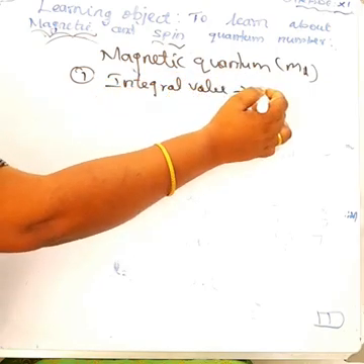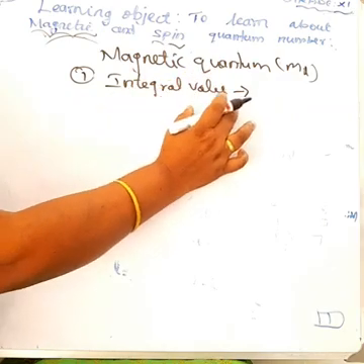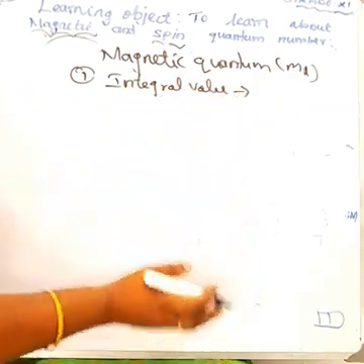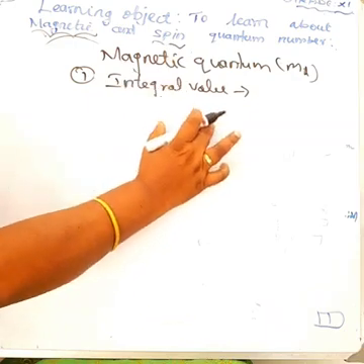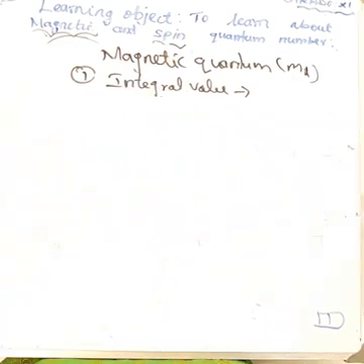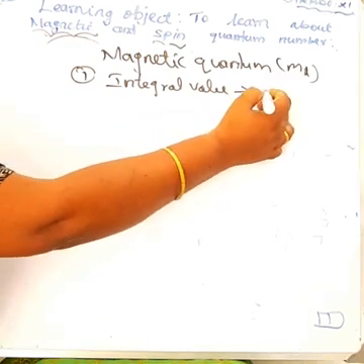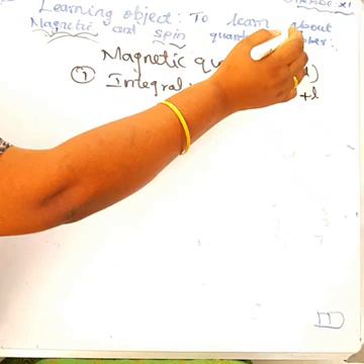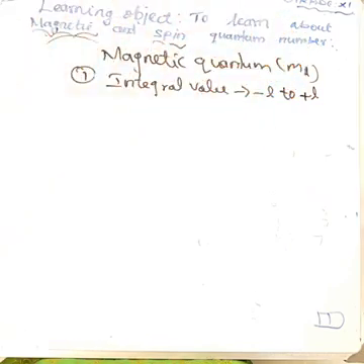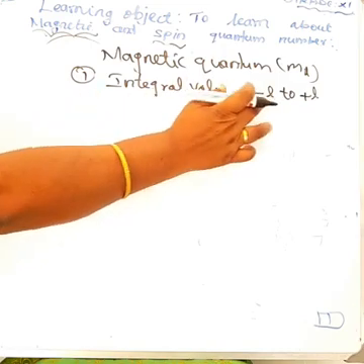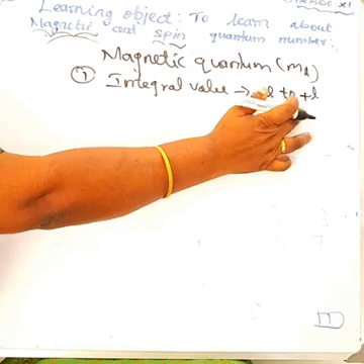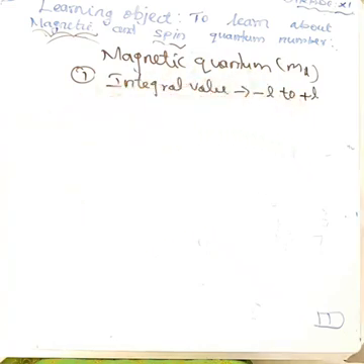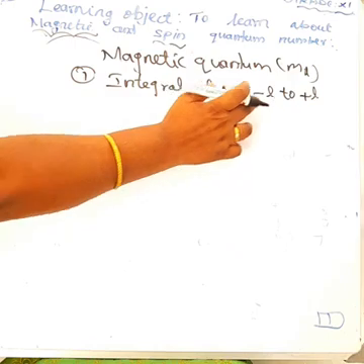The magnetic quantum number takes integral values ranging from minus L to plus L.